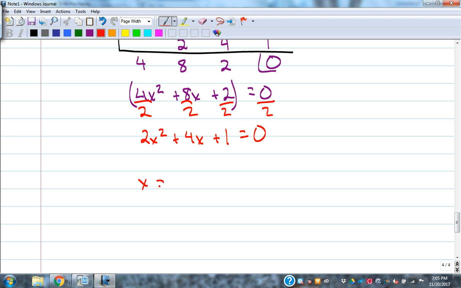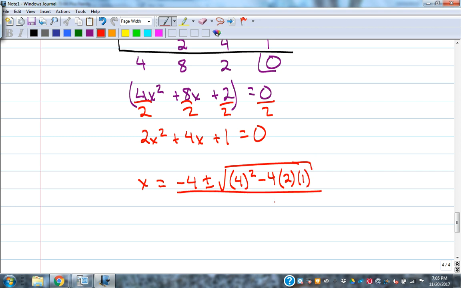And then do your quadratic formula on that. So x equals negative b plus or minus the square root of b squared minus 4 times a times c, divided by 2 times a. And a is 2 in this case. And then you're going to work that out. Negative 4 plus or minus, 4 squared is 16. 4 times 2 is 8, times 1 is 8.